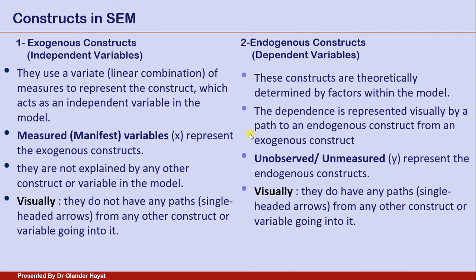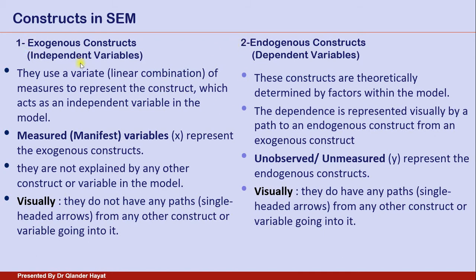In SEM, as I have told you, there are two types of variables, observed and unobserved variables. There is another classification of variables. Some are known as exogenous variables and some are known as endogenous variables.